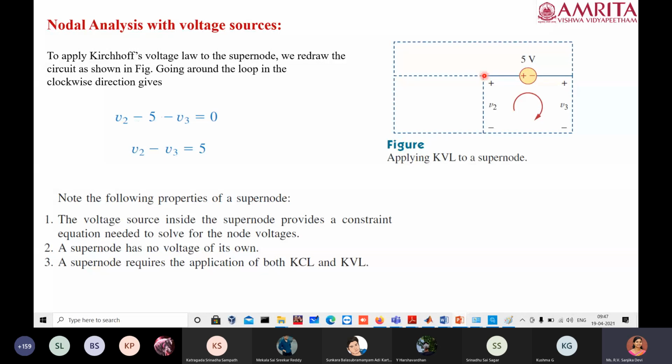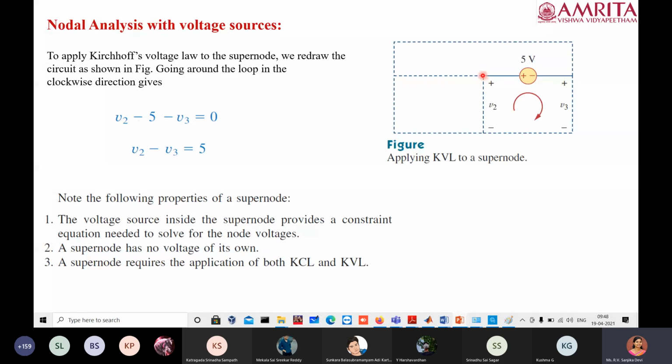That is understood. But how did we get these signs for V2, V3, plus minus? They haven't mentioned it in the question. See, are you understanding what I'm trying to tell? If they are not mentioning anything, it means that by default that particular voltage is positive. How do we normally represent a potential?